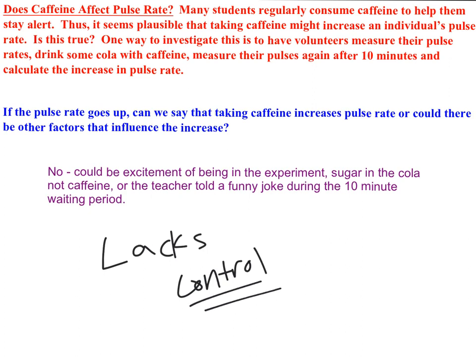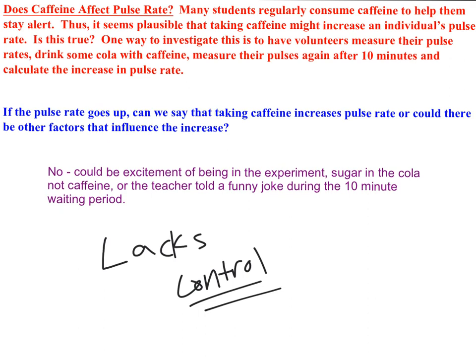This goes back to our lurking variables. We should be making some attempt to control them. In this case, the lurking variable would be sugar, not the caffeine.